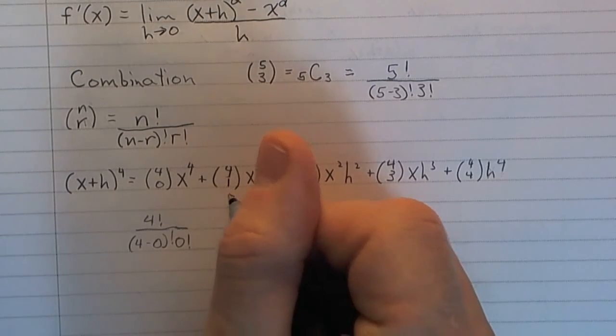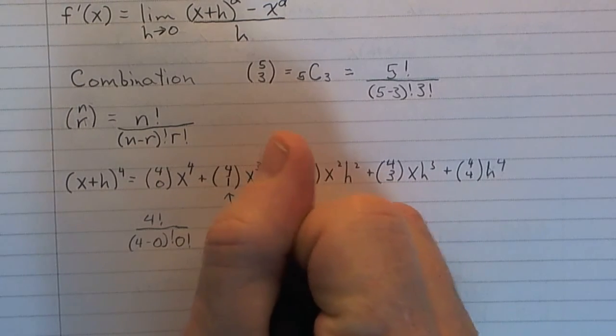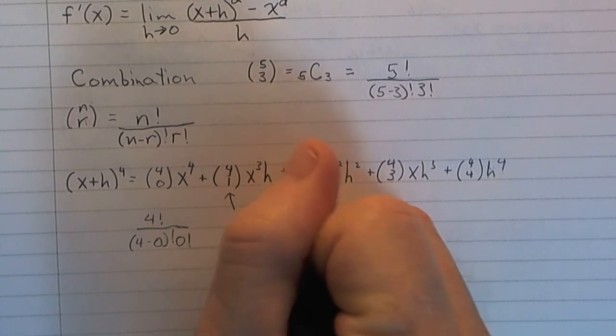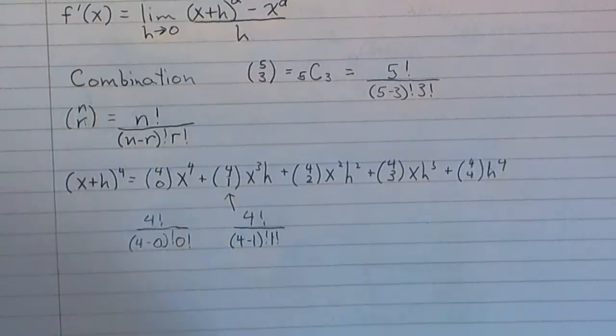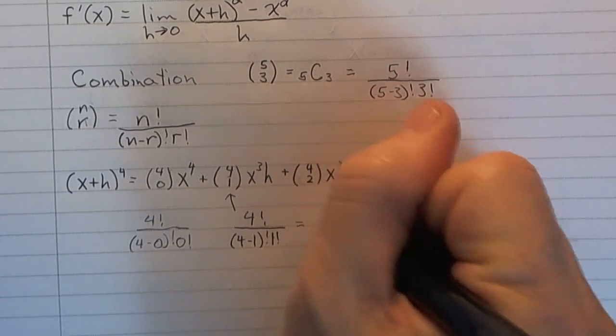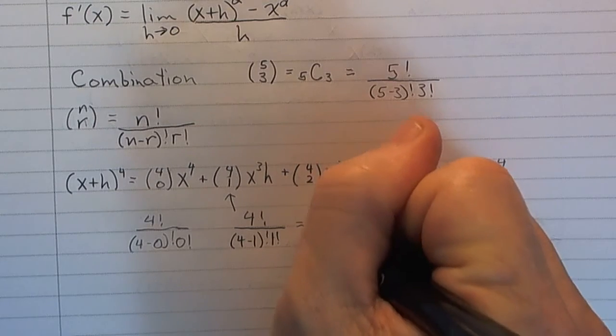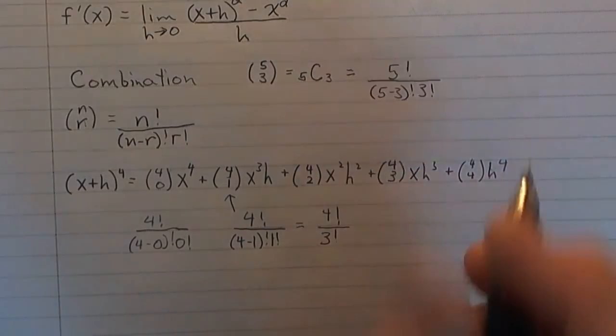Let's look at this one right here. This is 4 factorial over 4 minus 1 factorial times 1 factorial. Well, let's see what that is. That's 4 factorial over 3 factorial. See? 4 minus 1 is 3 factorial.